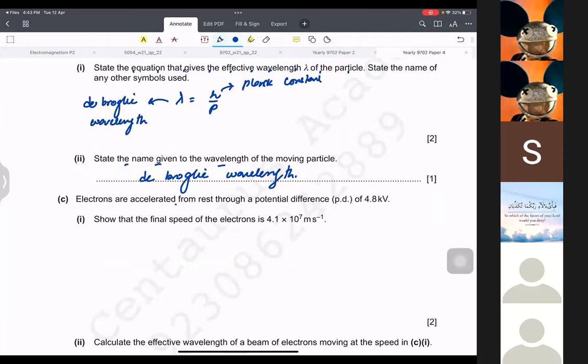Now, electrons are accelerated from rest through a potential difference of this, so that the final speed. So electrical energy goes to kinetic energy. 4.8 times 10 power 3. Charge of an electron is 1.6 times 10 raised to minus 19. Half times mass of electron, which is 9.11 times 10 raised to minus 31, and v squared. And I believe the answer should be this, right?